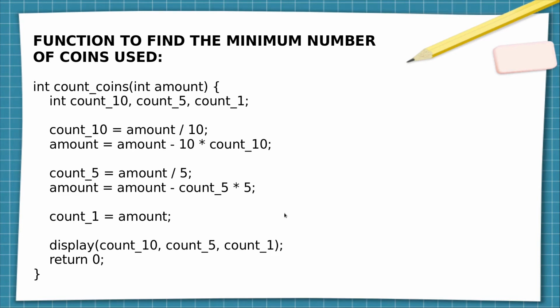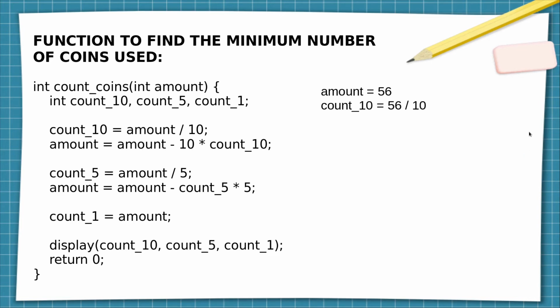Now let's consider an example for better understanding. Consider the amount which we have to pay is 56. Now first we will calculate how many coins of denomination 10 can be used to pay this amount so that the total number of coins used will be minimum.